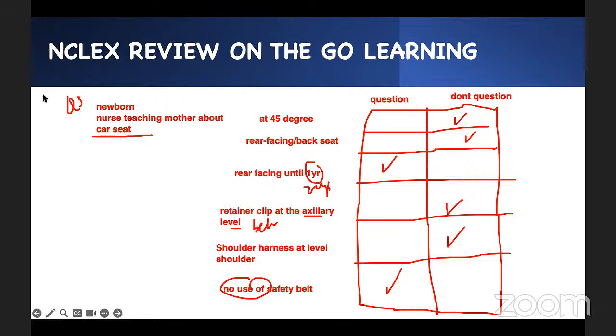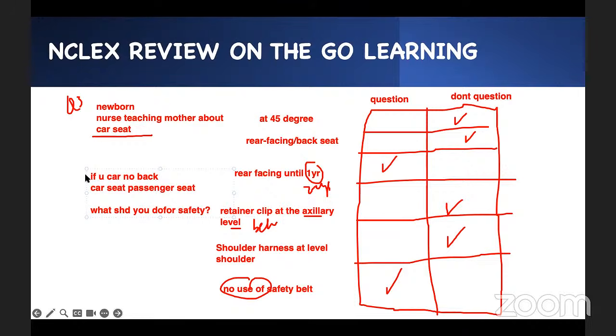How about if you have a car with no back seat, and you place the car seat in the passenger seat? What should you do for safety? There is no back seat, okay? And you place the baby in the front passenger seat because the car is a sports car.